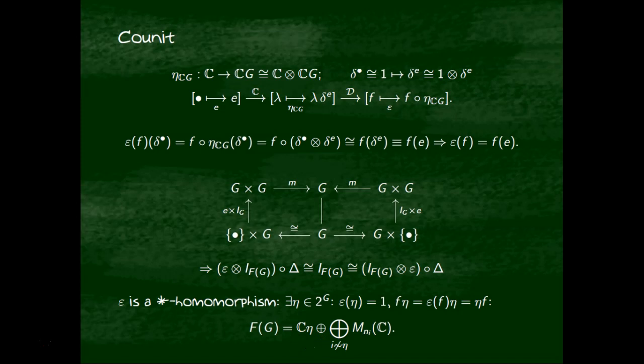Okay. That's just an aside at the moment. So essentially, this co-unit is a functional. You take a function on the group and it outputs the value of the function at the identity, which is a complex number, and you get an encoding of the group axiom of identity.